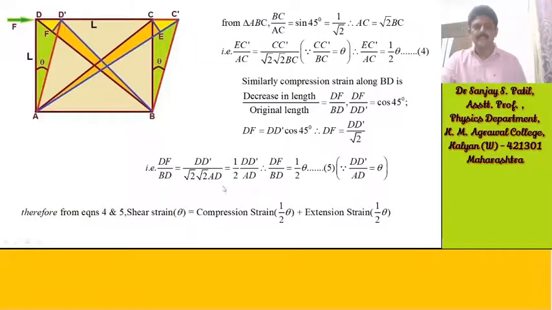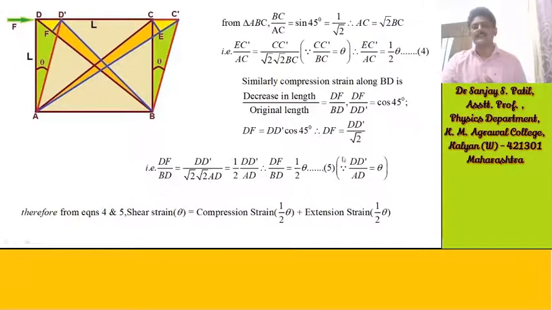So DF divided by BD is equal to DD dash divided by root 2 into root 2 AD, which is equal to 1/2 into DD dash divided by AD. Therefore DF divided by BD is equal to 1/2 theta. This is suppose equation 5.